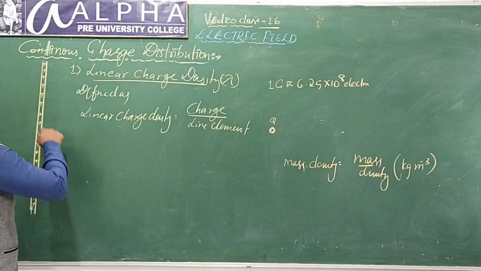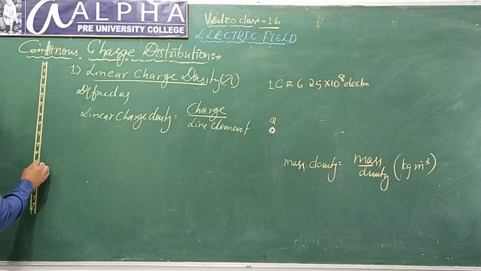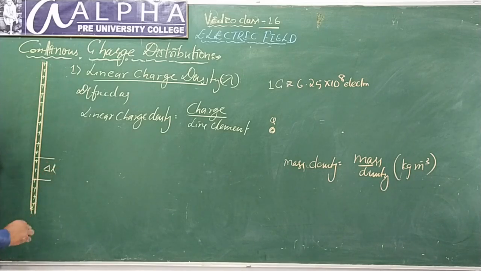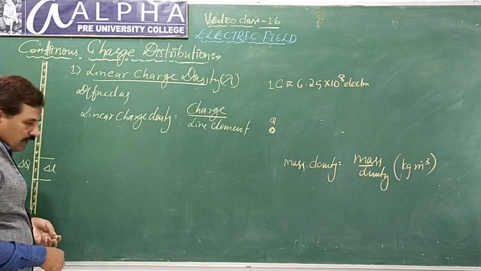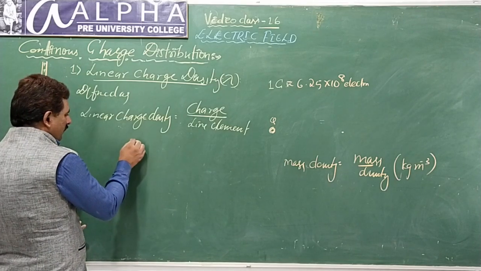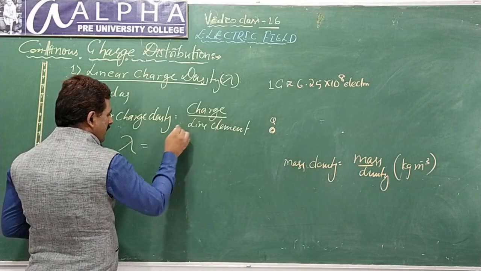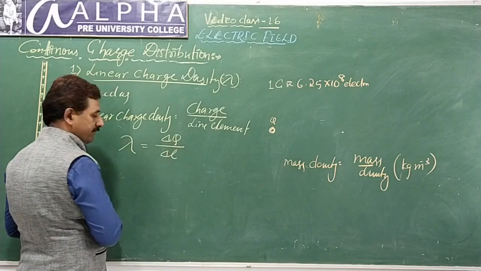See students, charges have been spread along its length. Here we consider a small portion, say length delta L, where the charge is delta Q, a small portion of this conductor. So the symbol for charge density is lambda, charge delta Q per unit line element.